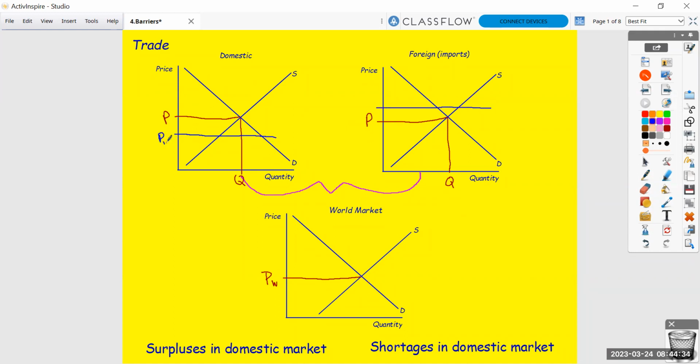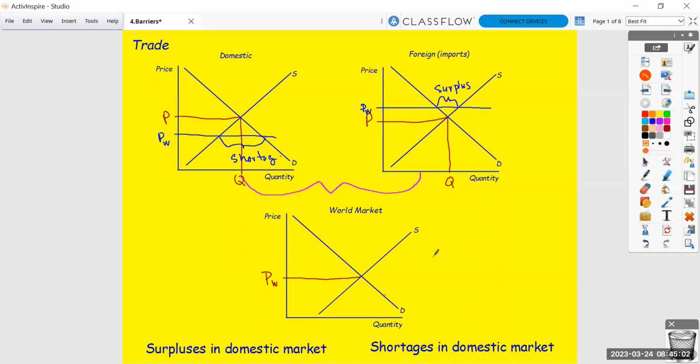So this is our PW and this is our PW. So here the price is lower than the domestic market, and you can see in the world there's a shortage right here. But in the foreign market, the world price is higher than the domestic, and they have a little bit of a surplus here. And this right here is our shortage.